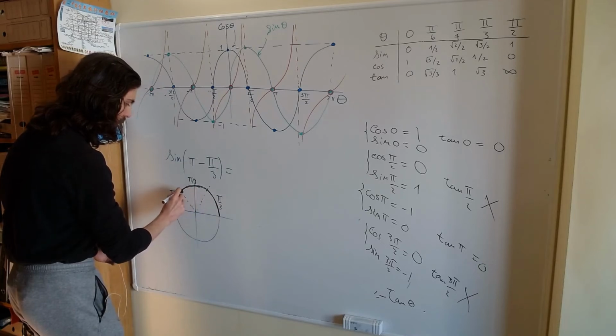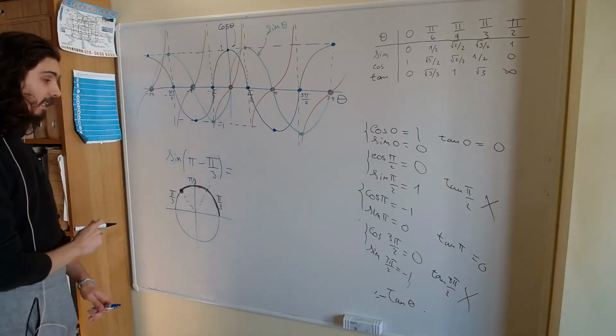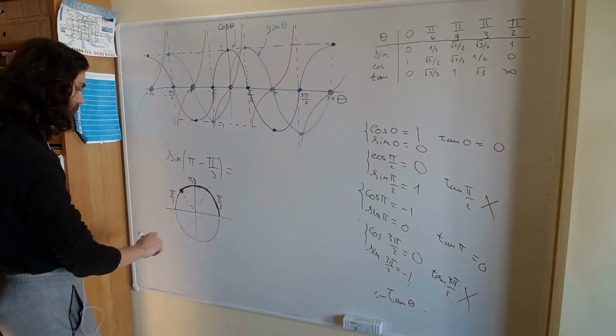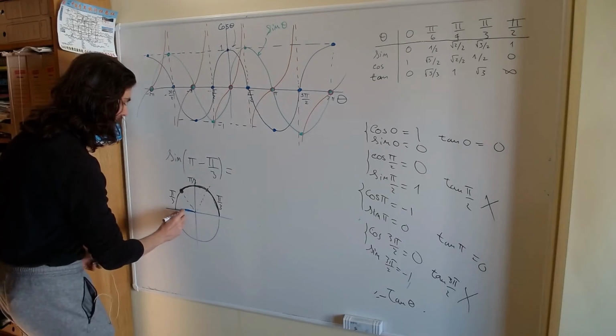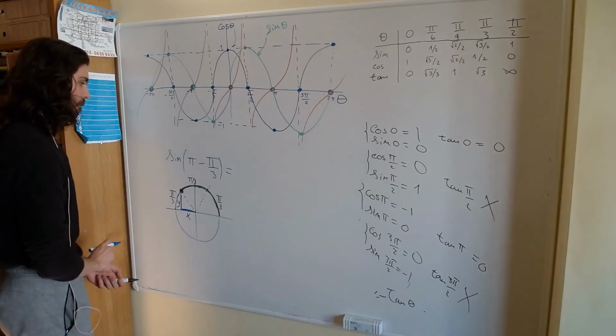This is the final point of the arc. This point has an x and y coordinate. Let's mark this x and y coordinate.